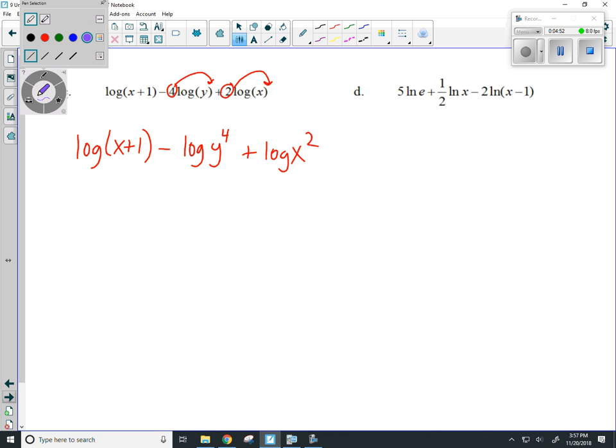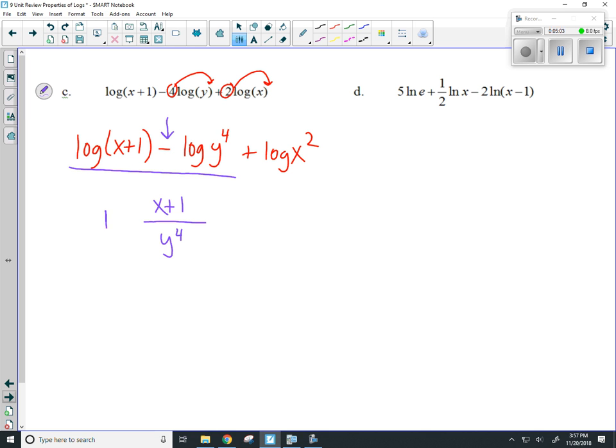Whenever you have multiple logs, I would just go from left to right. So these two are going to get put together with division. So we'll have x plus 1 up top, y to the 4th on the bottom with a single log out front. And then we still have this plus log x squared at the end.